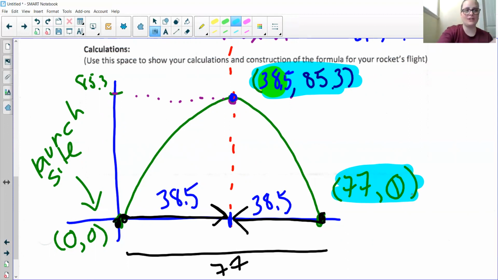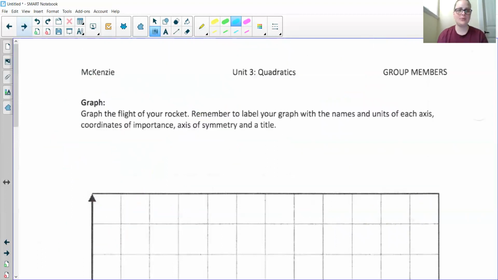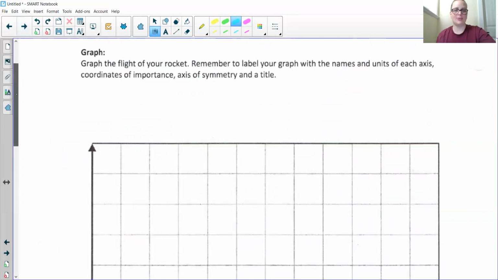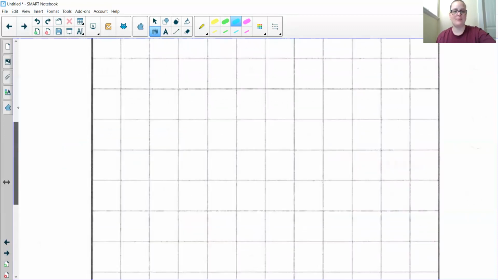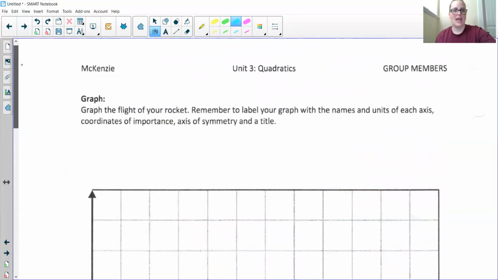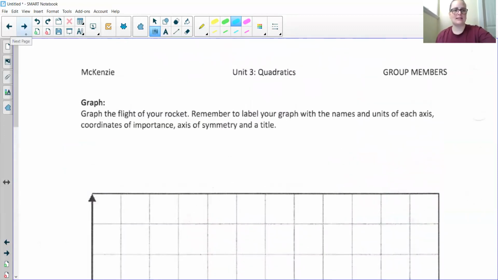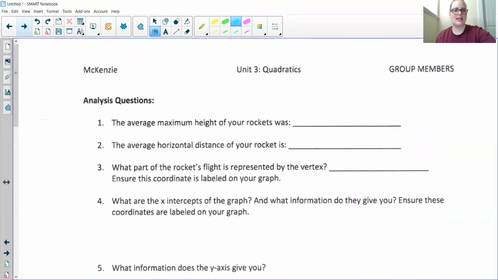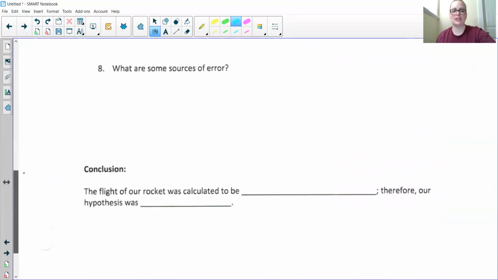Once you have your vertex form, oh, here is the graph part. Oops, I forgot I actually gave a graph part. You can graph it here, and then you can do the analysis questions.